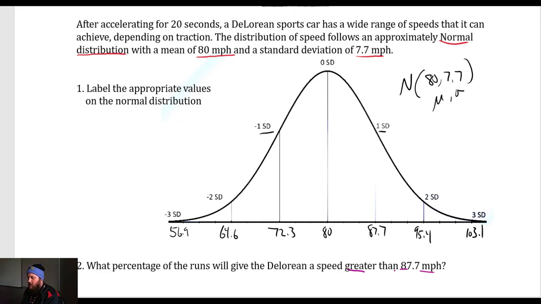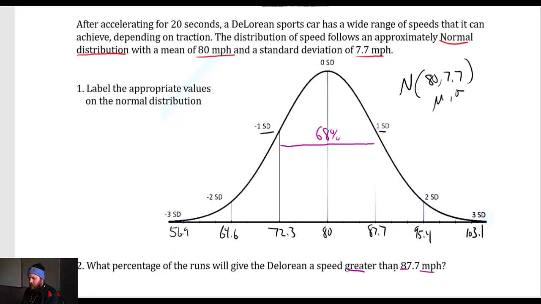Okay, so now let's talk about, again, the percentages between each of these standard deviations and what they contain. Hopefully you guys remember, we talked about between negative 1 standard deviation to positive 1 standard deviation. So 1 standard deviation away from the mean comprises 68% of the data, plus and minus 1 standard deviation of the mean.